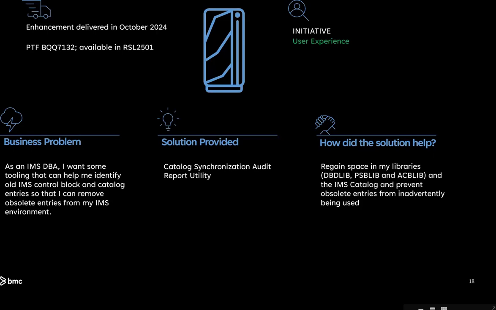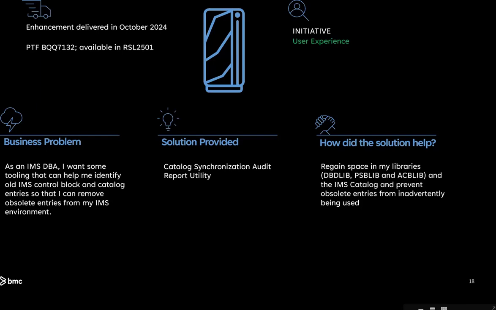I need some sort of tooling, and BMC help us with this. Provide me some tooling which can help me identify old IMS control blocks and catalog entries, because my main problem is I want a method to identify and then remove obsolete entries from my IMS environment, right?